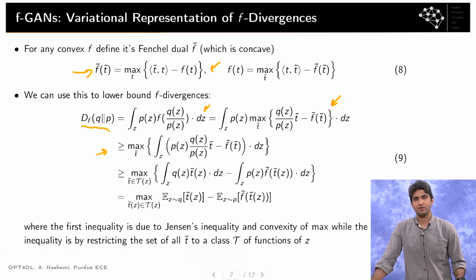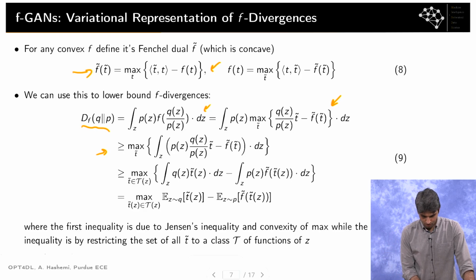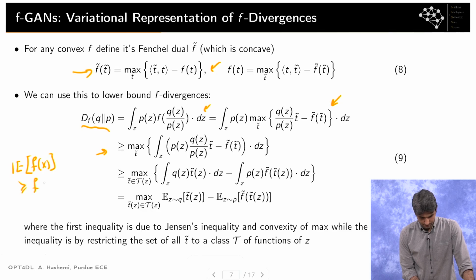So max is a convex operator. Okay. And Jensen's inequality is saying that for all convex functions, let's see if I can write it correctly, the expected value of f of x is larger than f of the expected value of x.